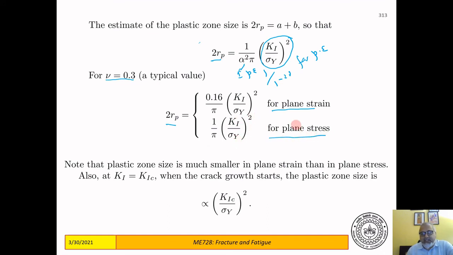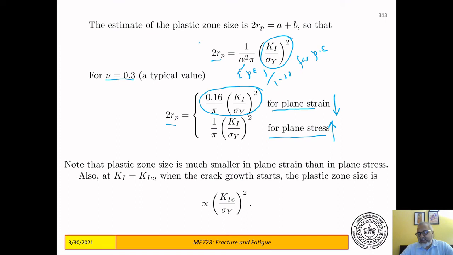And you immediately see that the plastic zone size in plane strain is much smaller than the plastic zone size in plane stress. So in plane strain, the plastic zone ahead of the crack tip is much smaller than in case of plane stress. This estimate comes from the simplified Irwin analysis based on the Tresca yield criteria.